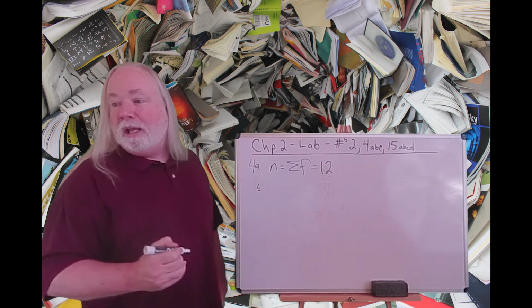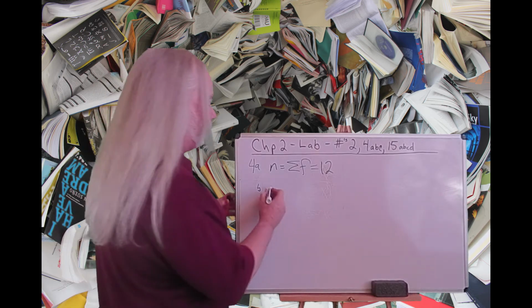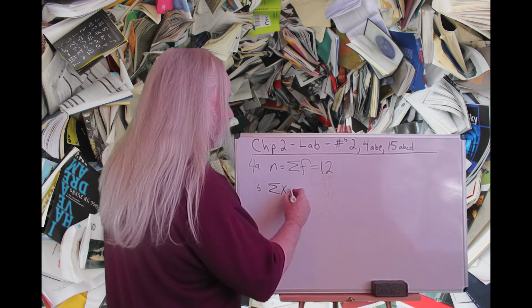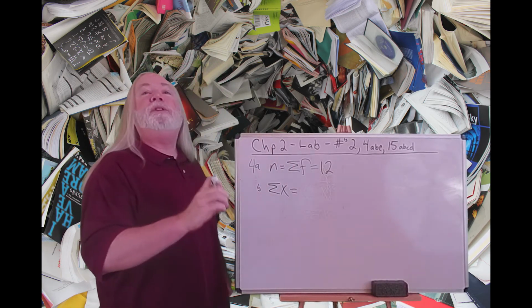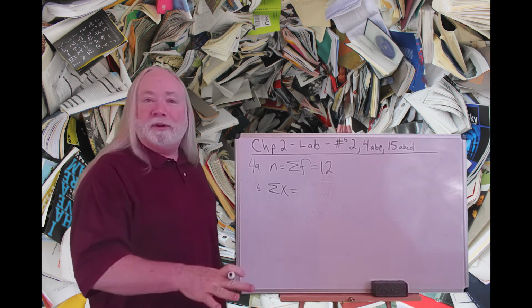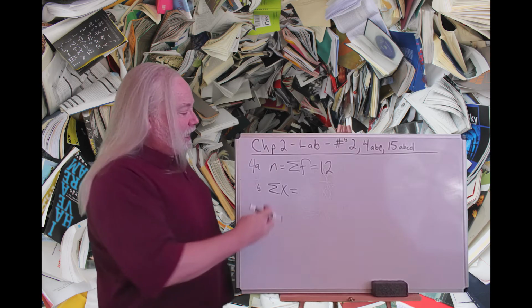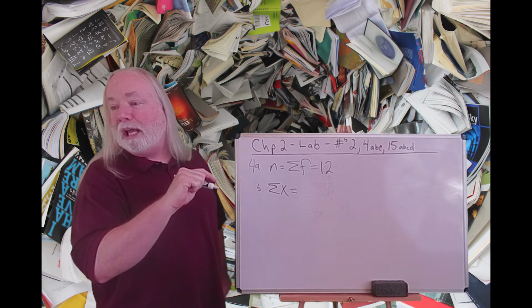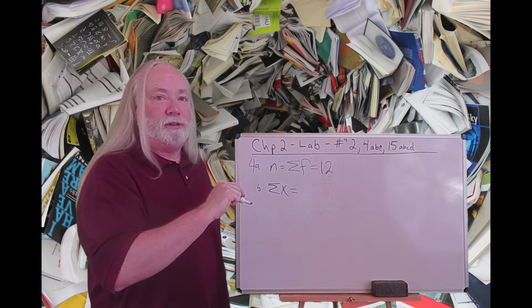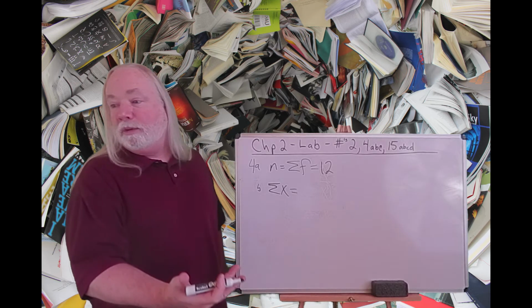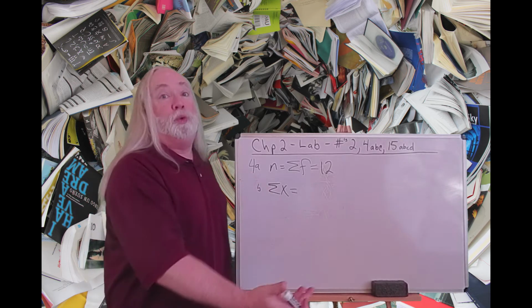For B, it wants us to get the summation of the raw scores. Remember, once we're in a frequency distribution table, for almost anything we need, we have to use both columns together. You can't just go down that X column and go 10 plus 9 plus 8 plus 7 plus 6, because you're ignoring the frequencies. There are 2 6s.